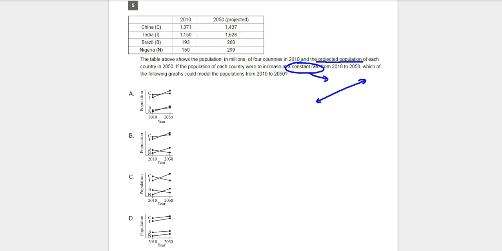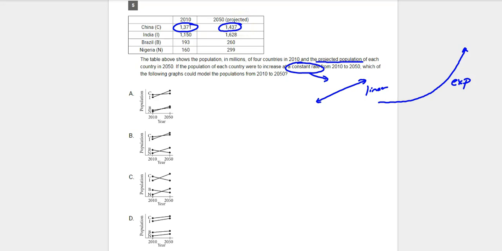You form a line. As opposed to a lot of populations that grow slow and then end up getting faster and faster, which would be exponential growth. This is linear growth, constant. Which of the following graphs would model the populations? So let's compare these guys. So China starts at 1371 and goes to 1437.